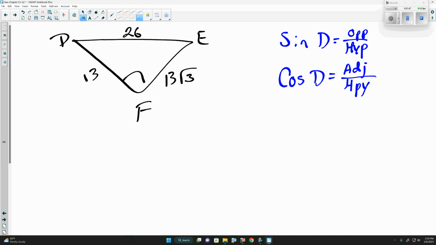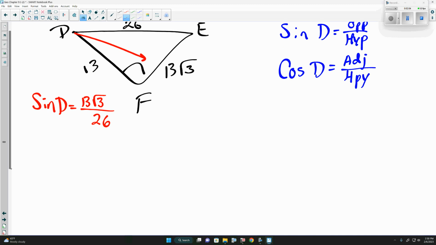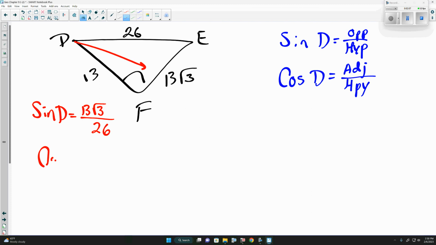So here it wants us to find sine of angle D. Well, the side opposite angle D is square root of 3. The hypotenuse is 26. And cosine of angle D would be the adjacent side, which is 13, and the hypotenuse is still 26.